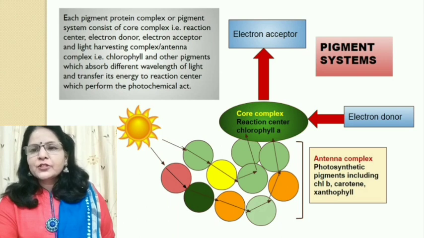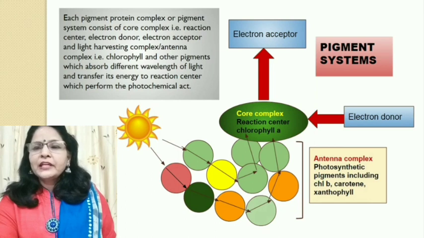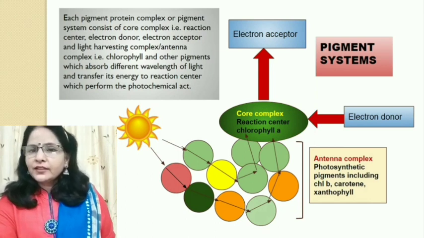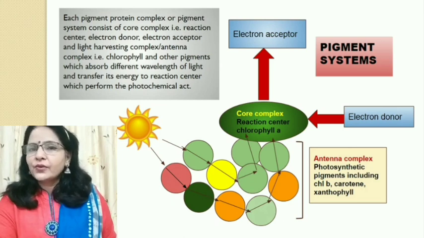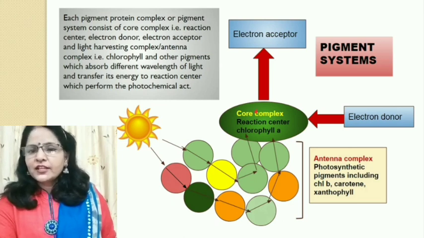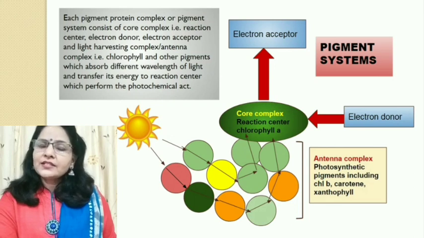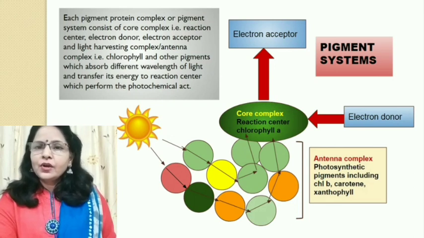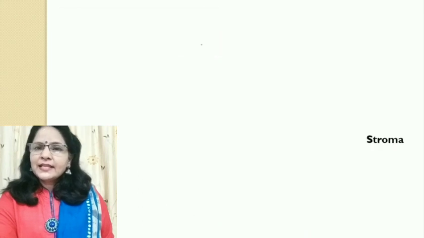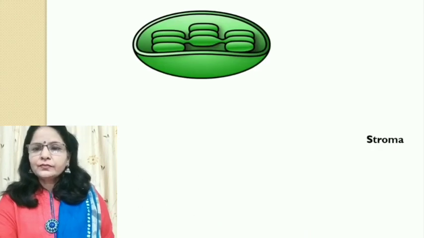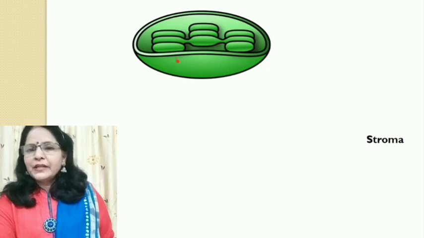So pigment system is of two types, pigment system 1 and pigment system 2. In both pigment systems, core complex and antenna complex are found, but the reaction center is changed. In pigment system 1, the reaction center is P700, whereas in pigment system 2, the reaction center is P680. Now you can see the location of pigment system 1 and pigment system 2.